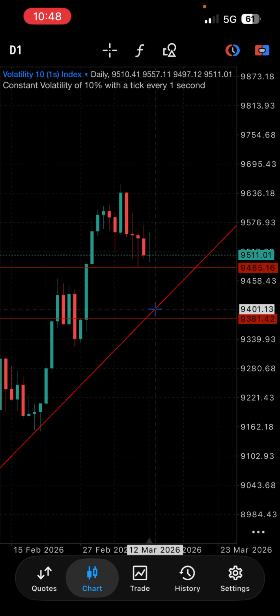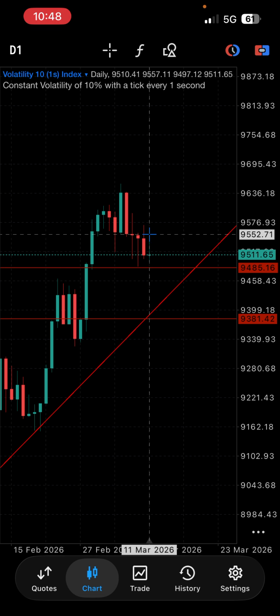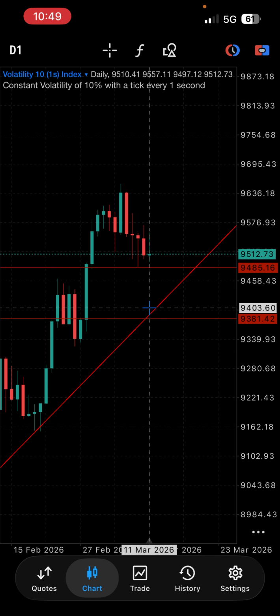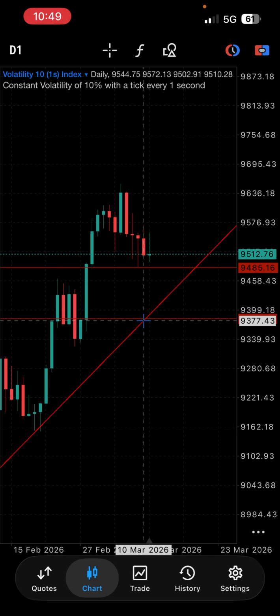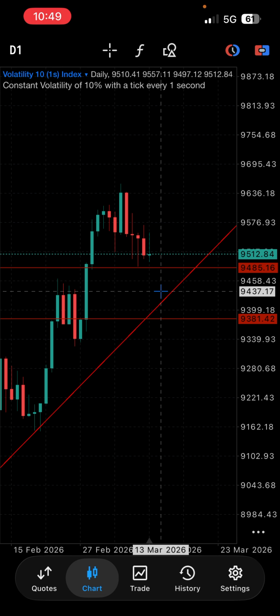So if the market fills this gap, I'm going to be looking for buy opportunity. In this scenario, the market is still here, so the pullback is not enough. I want to look for buy opportunities when the market comes back to this fair value. Sometimes it may get to this end, sometimes maybe the middle. When you get to the middle, you may also look for buy opportunity inside the middle.